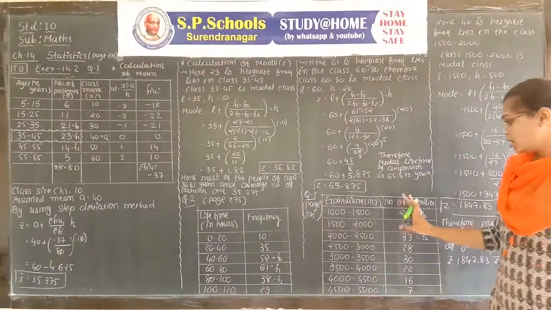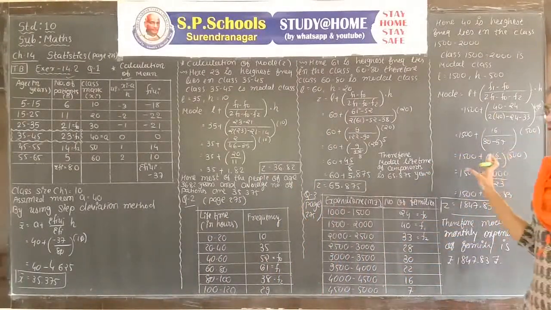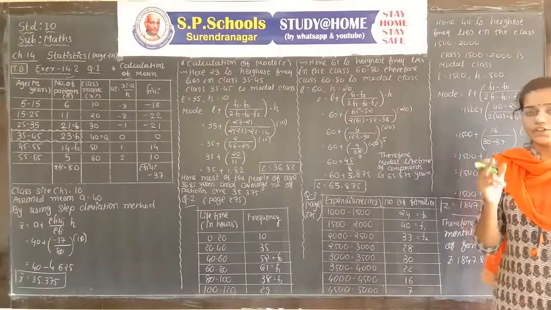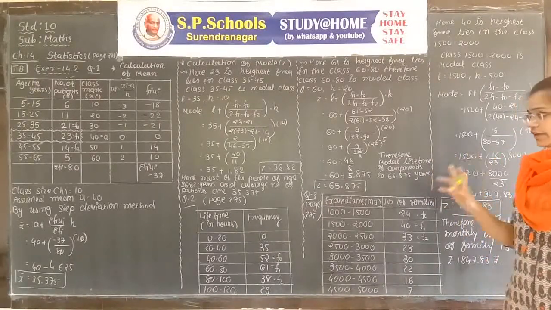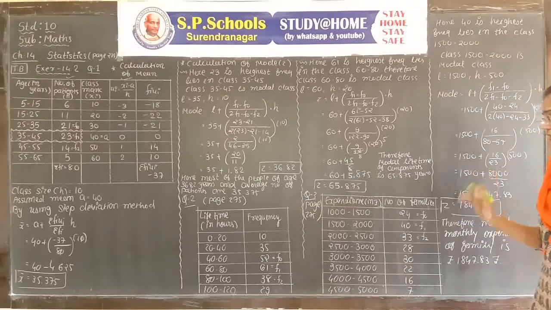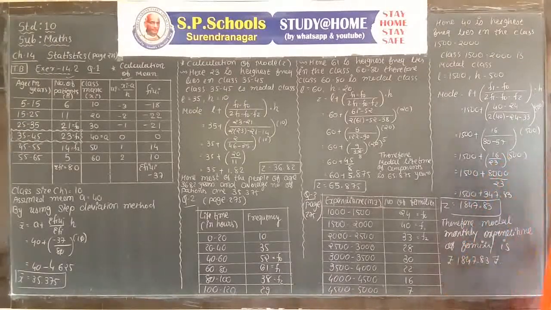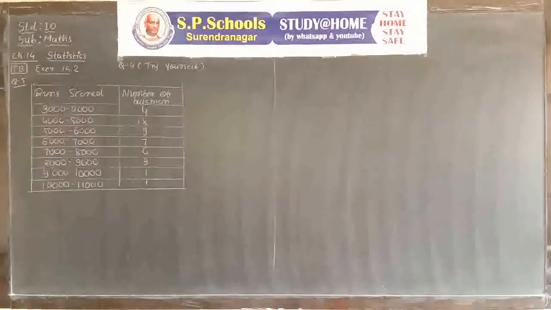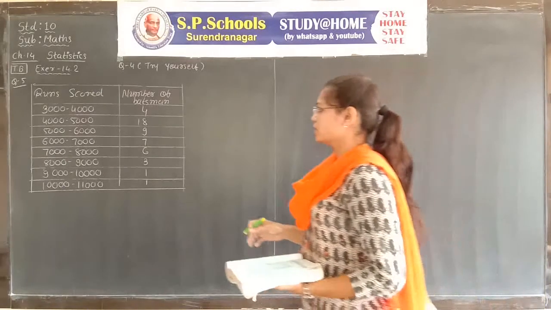In the question 3, again it is the calculation of mode. Try to find out the calculation of mean by yourself. Now we discuss our next sum. Let's see the next number.